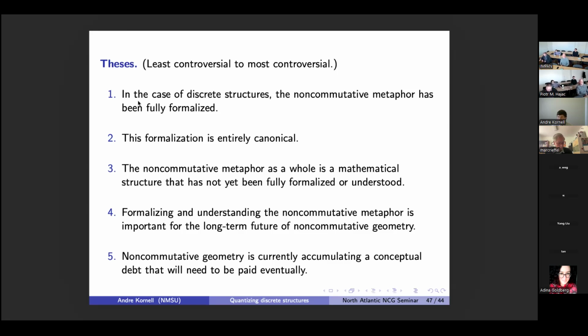Okay. I think that before we start formalizing anything, it is very reasonable to claim that we do have a fairly coherent way of thinking about the non-commutative metaphor. And as to the question of should we expect everything that is true classically to be true quantumly, I think certainly not in a literal sense. For example, classically, every Haar state is tracial.